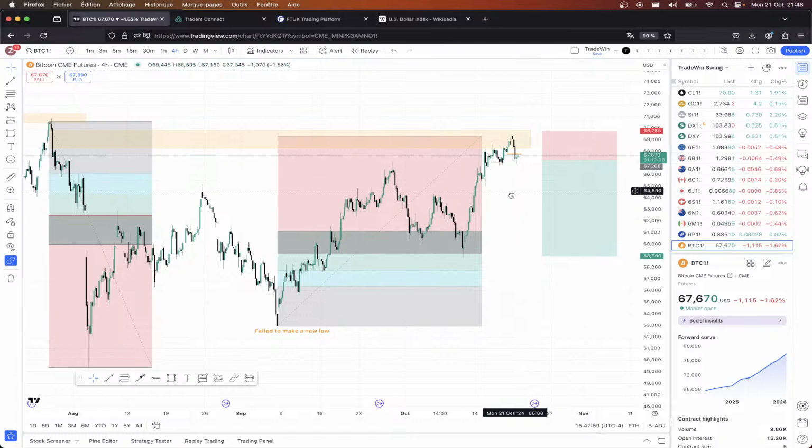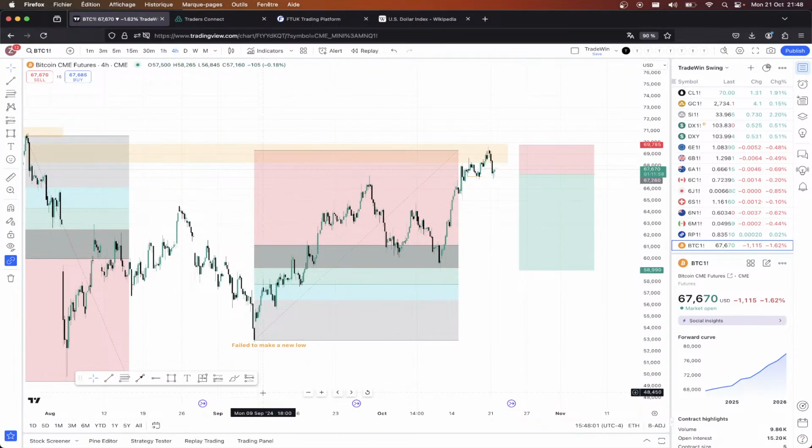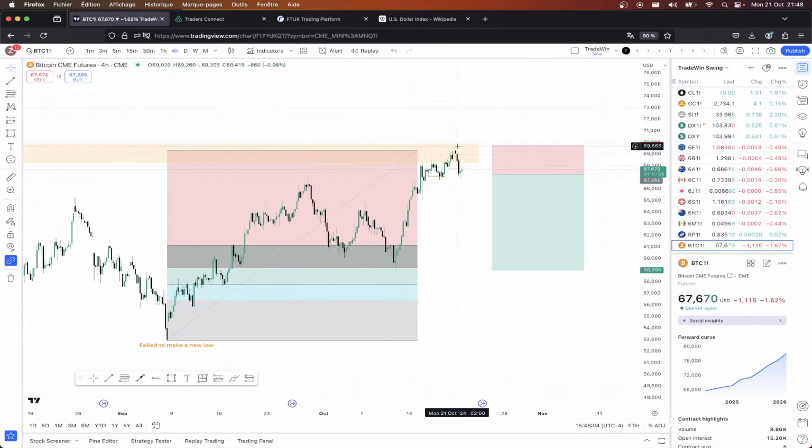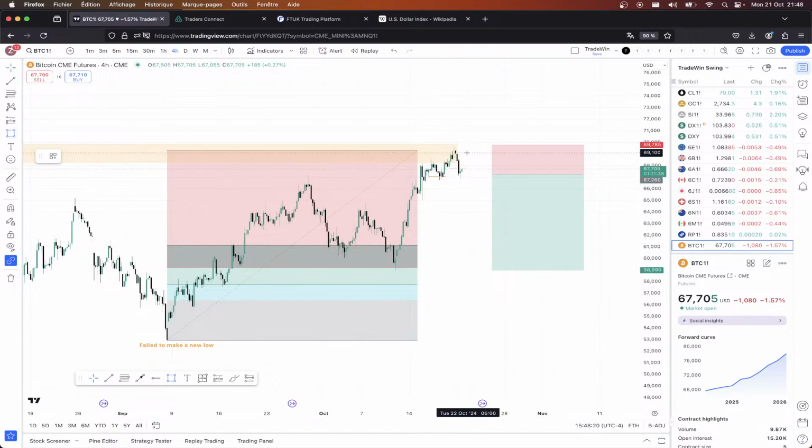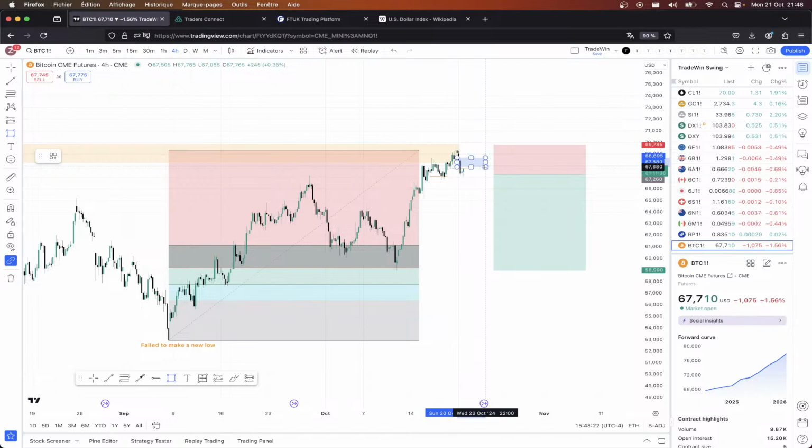So what's happening here? Bitcoin, I'm seeing the opportunity of a nice reaction to this level. We broke the structure here. I want to see what we do here, but I'm definitely considering, okay, now I know I touched that. I'm definitely considering shorting Bitcoin.